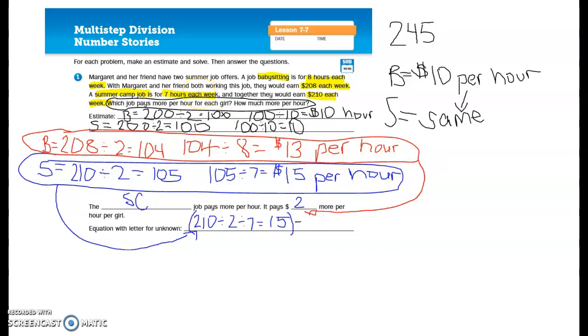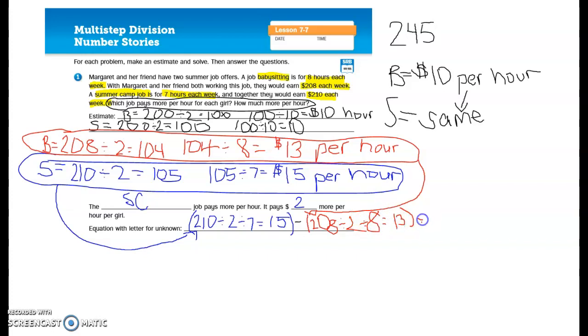It's the same thing. $208 divided by 2 divided by 8 equals 13.